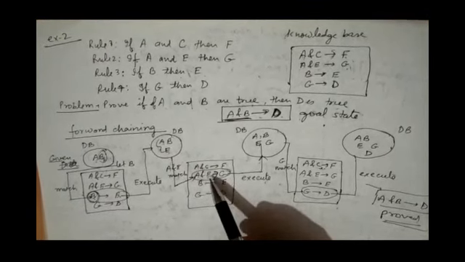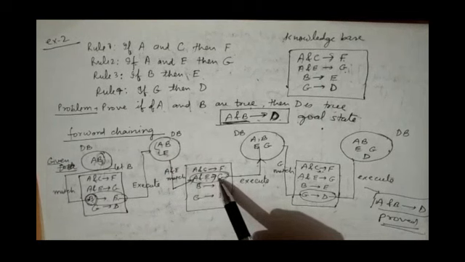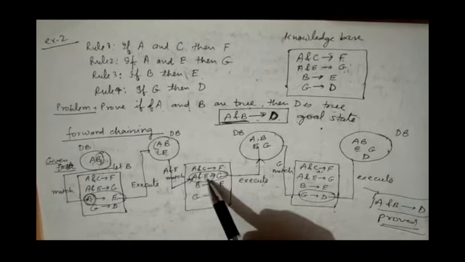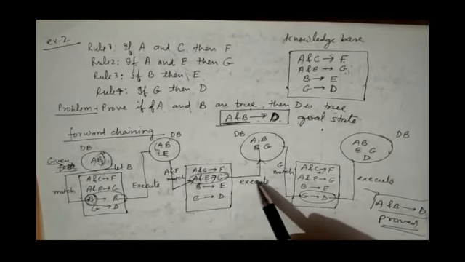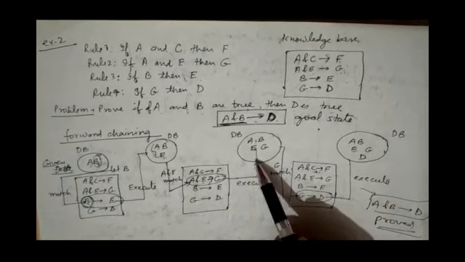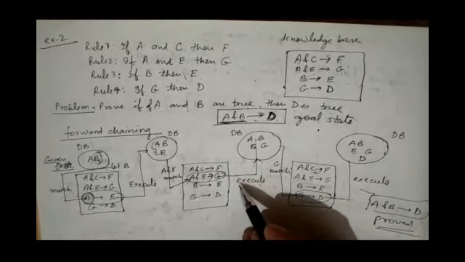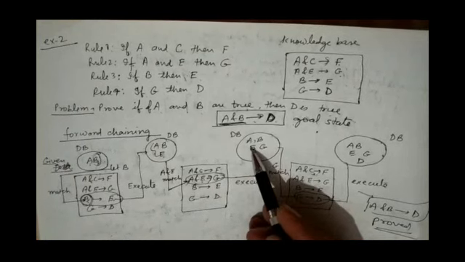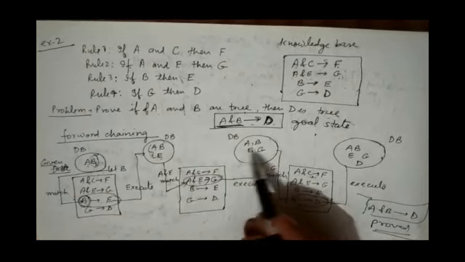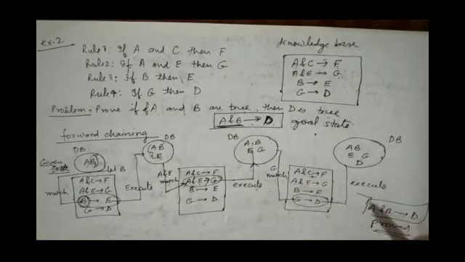So for AE it is matching now. Using this inference rule, A and E derives G. So if we execute it, in our database one more thing is added over here: G. Earlier it was A, B, E, now G has been added.